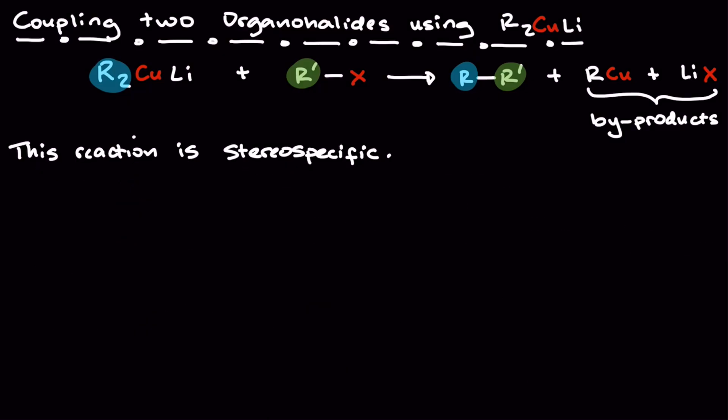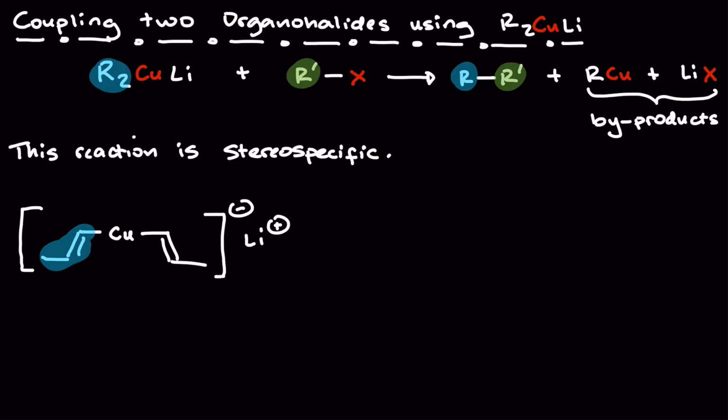This coupling reaction with organocuprates is stereospecific. This means that the stereochemistry of our reactant controls and is transferred to the stereochemistry of our product. So here is an example of what we mean when we call this reaction stereospecific.